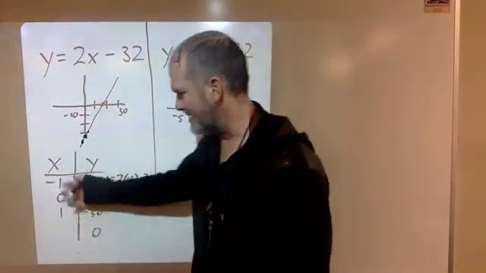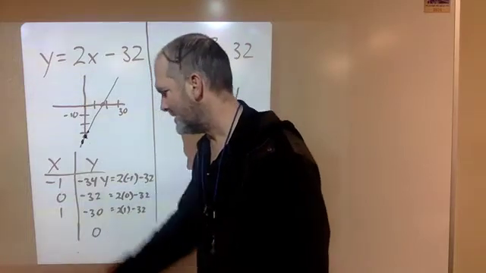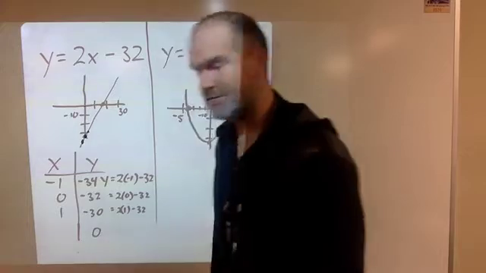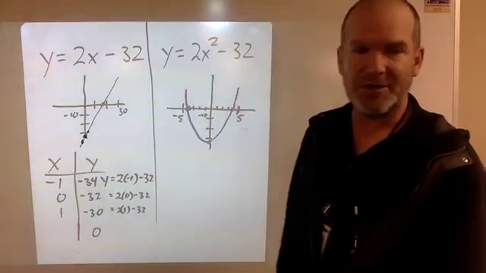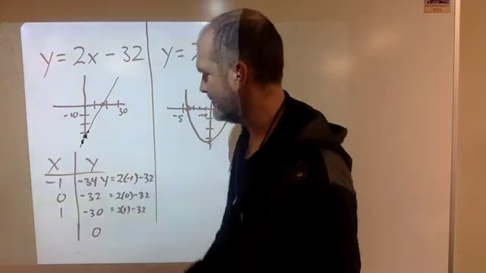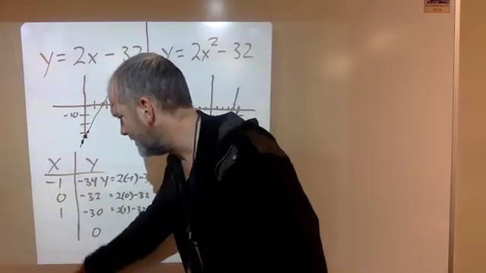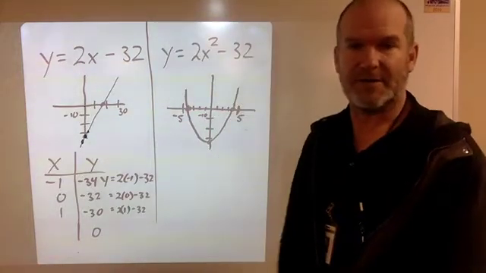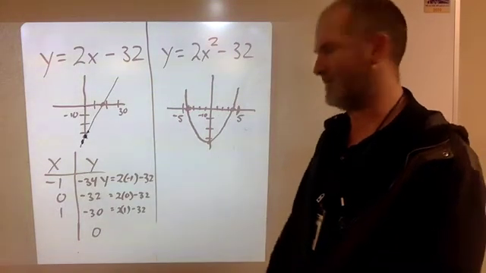Am I just going to have to keep guessing? Am I going to keep plugging in numbers for x until my answer over here equals 0 for y? You could. You might be able to see that there's a pattern here and you're decreasing by 2 every time. So how far down do you have to go on the x column to get to 0? You could probably figure out that pattern, but there's an easier way to do it.